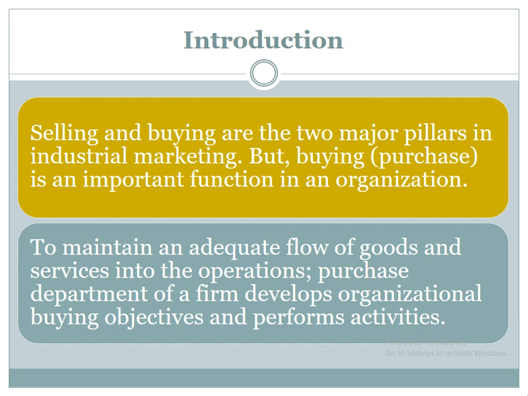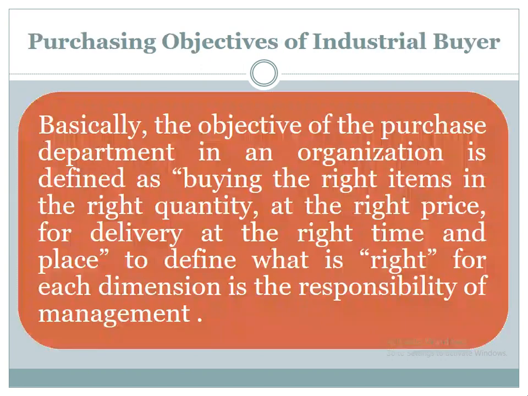To know these various influences, let's first study the purchasing objectives for any organizational or industrial consumers. So, what are the purchasing objectives of industrial buying that we will learn? Basically, the objective of the purchase department in an organization you can define as buying the right items in the right quantity at the right place at the right price for delivery at the right time and right place.